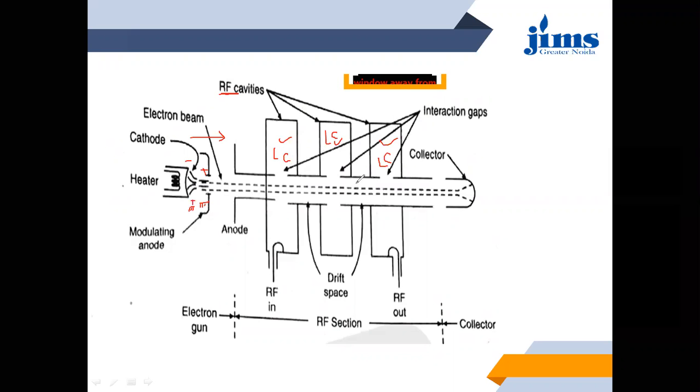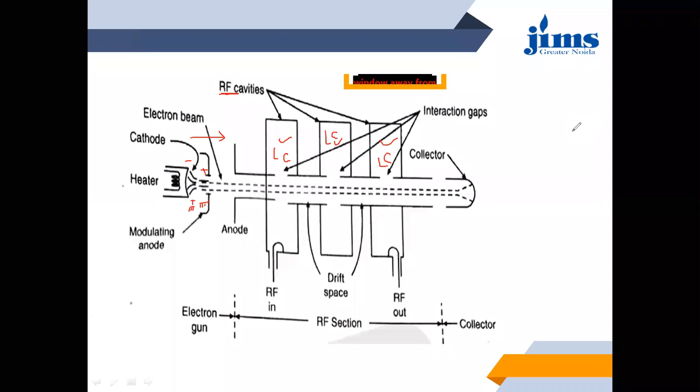So there are three cavities, and each cavity not only behaves as an LC circuit, but is also used to collect these electrons in order to form bunches. Okay, I'll tell you the meaning of bunches. Up till now, is it clear to everyone? Tell me so that we can go forward.